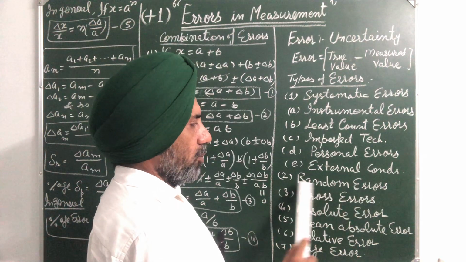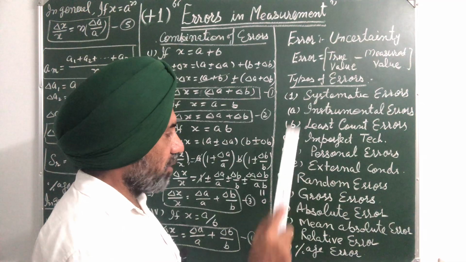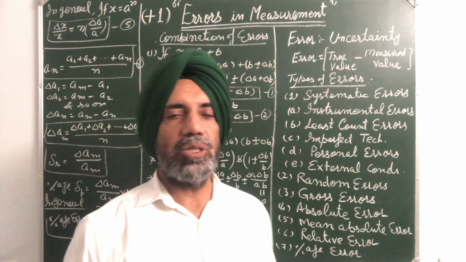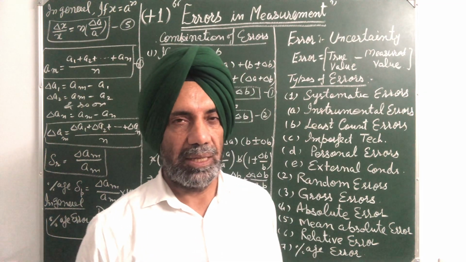Then number 2, after systematic errors, which are of 5 types, we have random errors. Random errors are those errors which occur randomly with respect to size and sign.